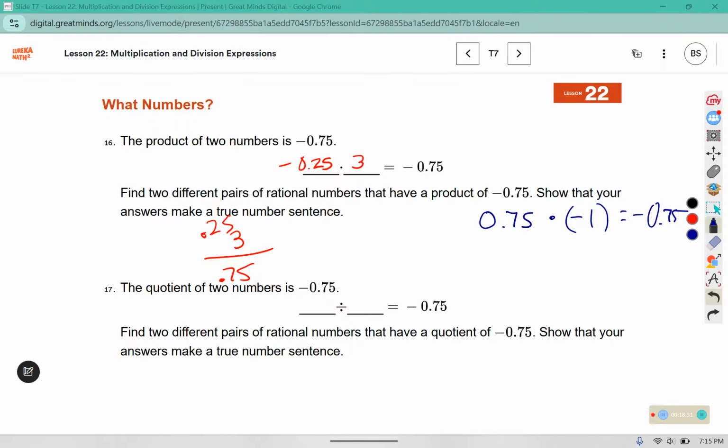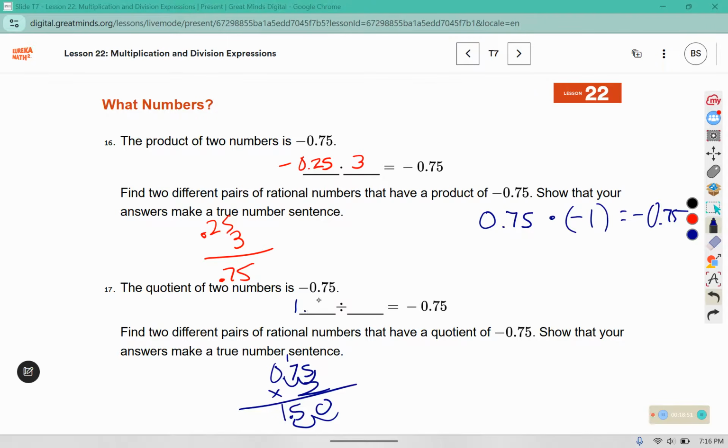Then it says the quotient of the two numbers is negative 0.75, so we need to divide two values to get negative 0.75. Find two different pairs. Well, we could do 0.75 times 2, that would be 1.50, with 2 decimal spots.